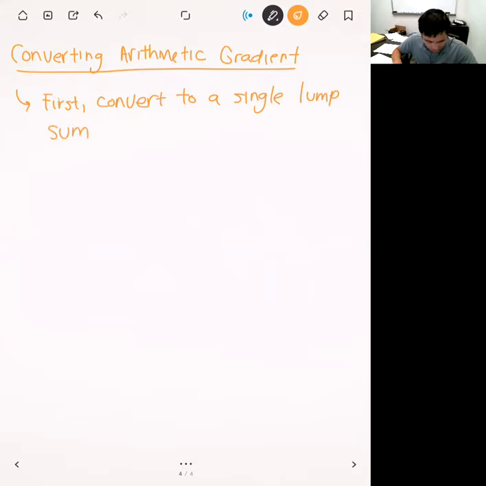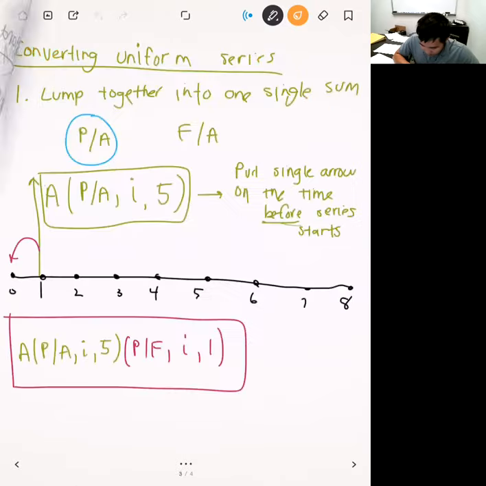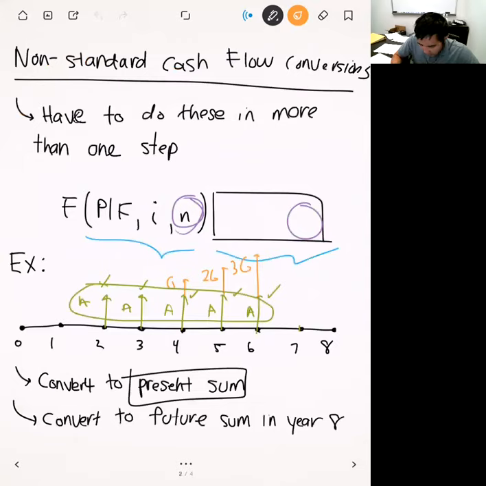All right. And so, again, we have multiple ways that we can do this. But since we want to move this eventually back to the present day, let's convert it to a lump sum going to the left.